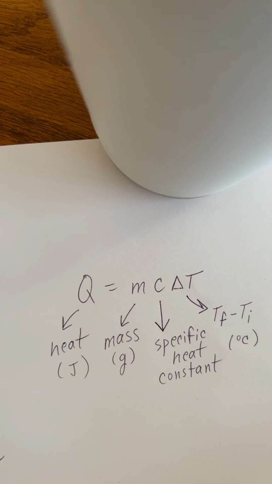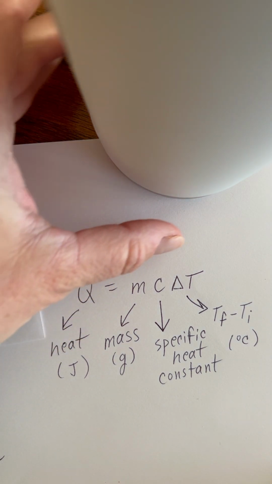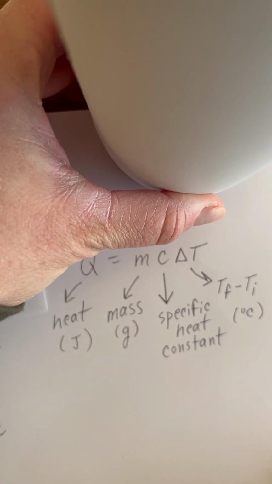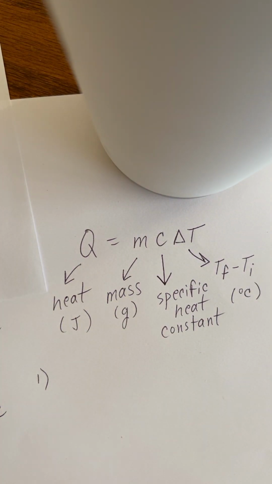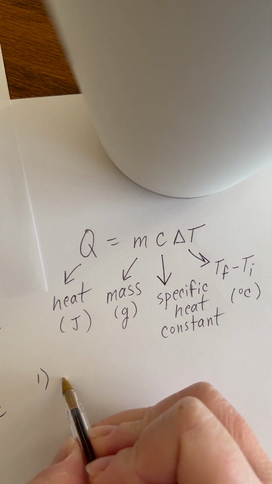Let's look at a couple of sample problems. Number 1 says the temperature of a 95.4 gram piece of copper increases from 25 degrees Celsius to 48 when the copper absorbs 849 joules of heat. What is the specific heat of copper? To solve a problem like number 1, I'm going to use this Q equals MC delta T equation.